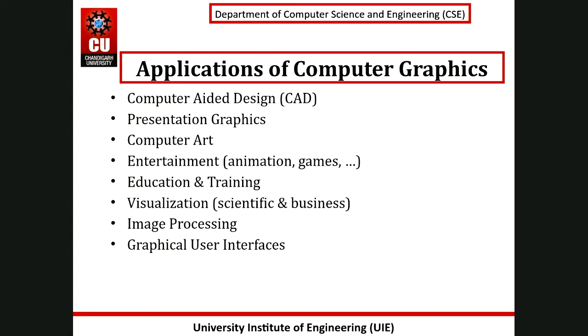Second one is presentation graphics. Third one is computer art. Fourth one is entertainment. Fifth one is education and training. Sixth one is visualization, image processing, and graphical interfaces. So entertainment, I think all have the meaning of computer graphics in the field of entertainment.